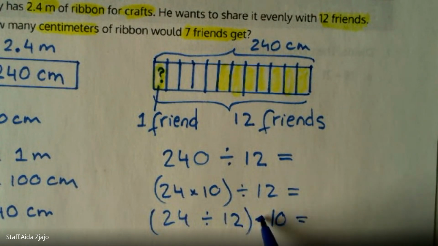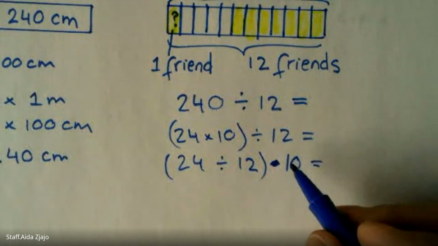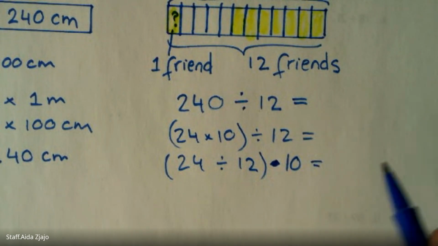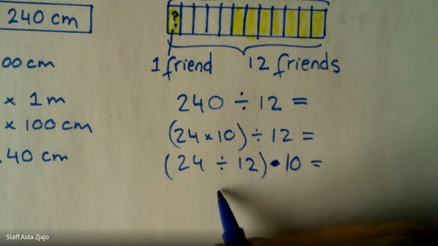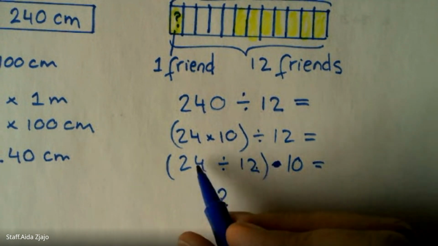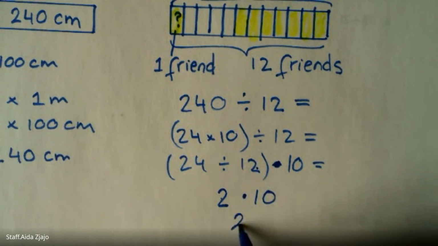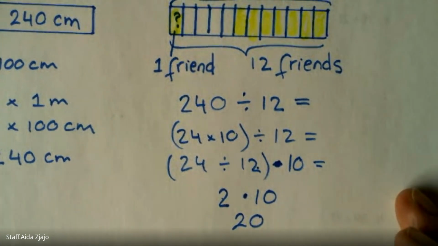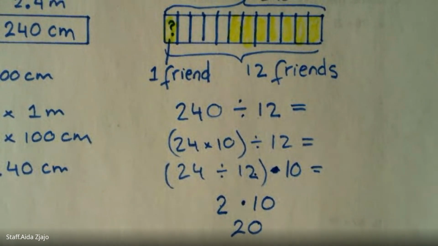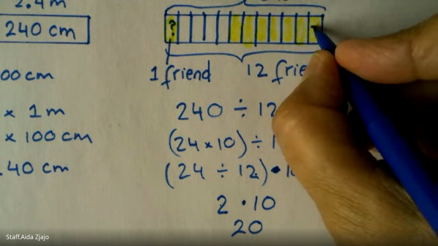I also want to say the multiplication is a dot or an x. So how many 12s are in 24? Only 2, because 2 times 12 is 24, and then times 10, the answer is 20. So that means one friend will get 20 centimeters.